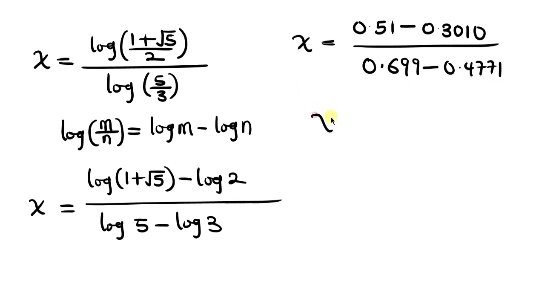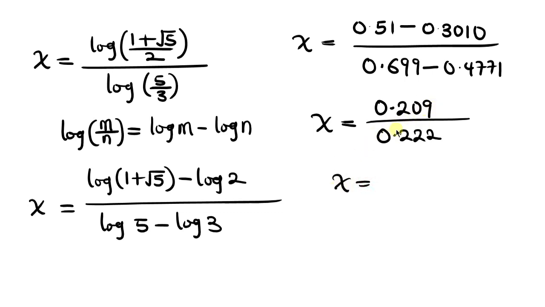So this becomes x equal to 0.51 minus 0.3010 gives 0.209 all over. Now the denominator, 0.699 minus 0.4771 is 0.222. And on dividing, 0.209 divided by 0.222, we're going to have 0.941. And this is our final answer.